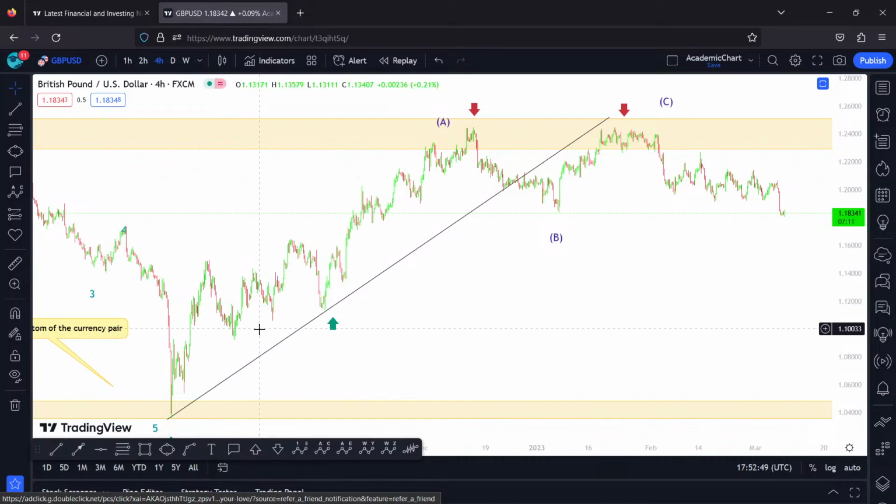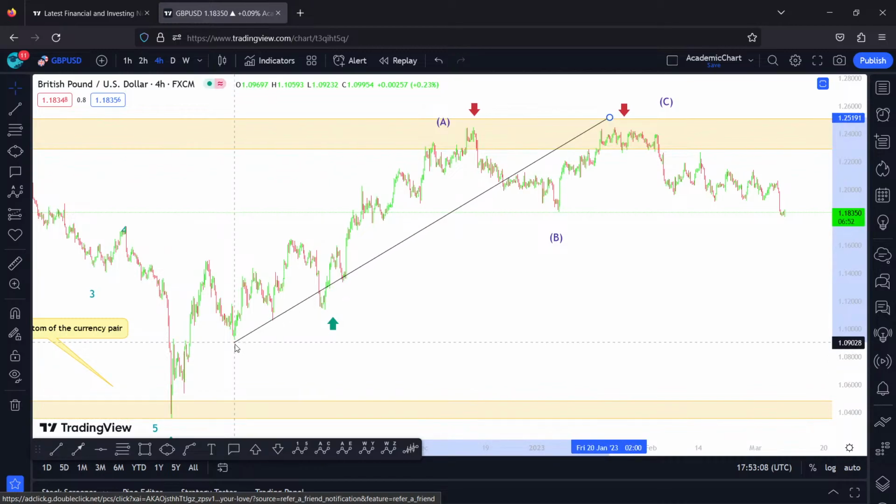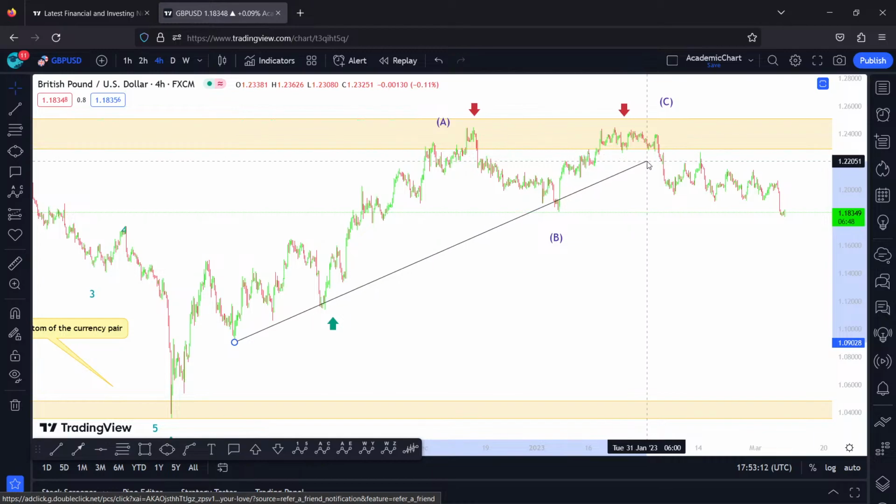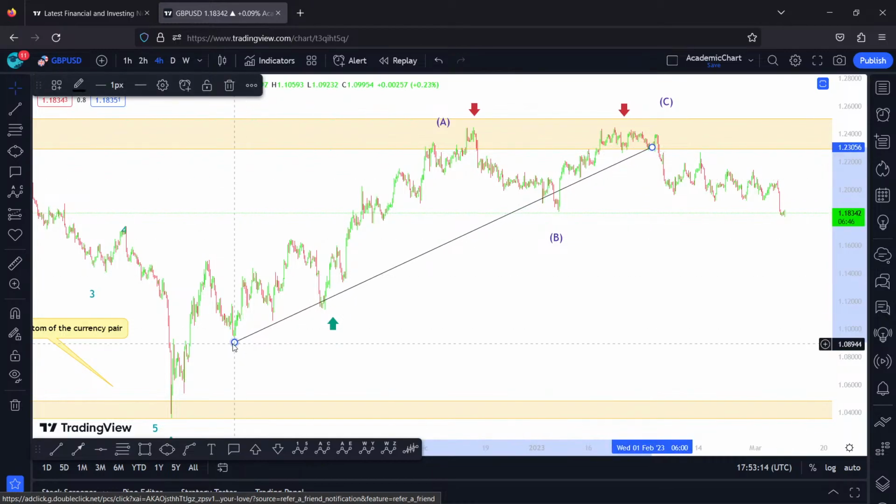These huge gaps and this kind of missing of major lows, when you're drawing a trend line for an uptrend, indicate that this is not a valid trend line. Let me just change its position to something like this.